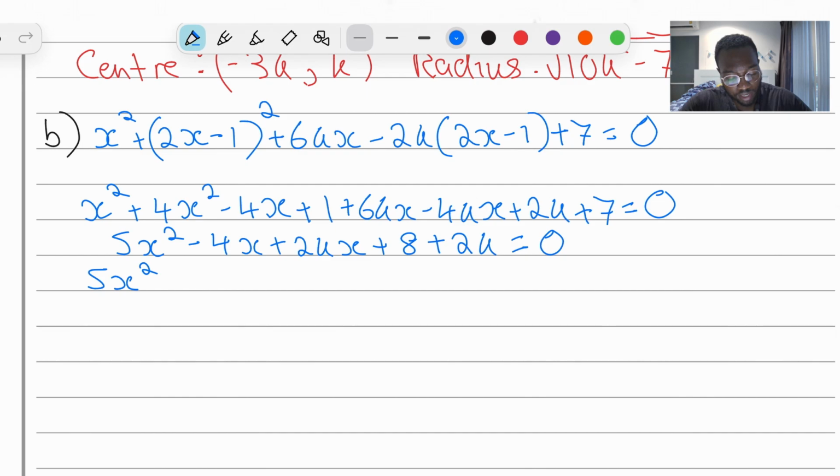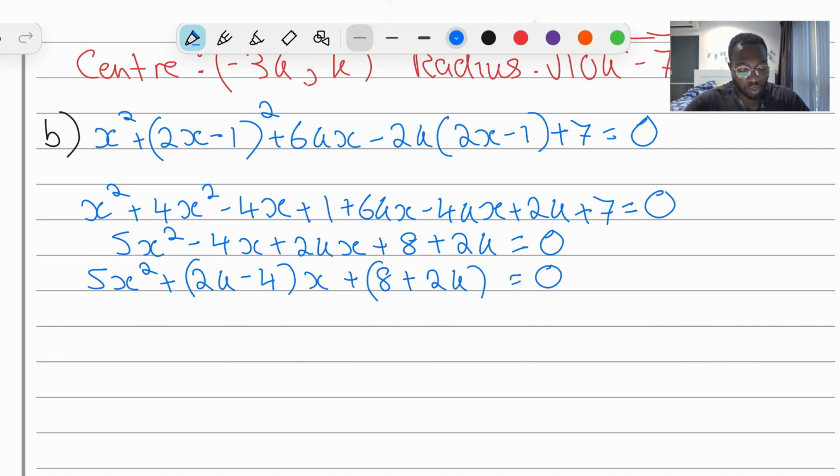We have this 2kx minus a 4x. If I rewrite that, it would be a 2k minus 4, and then in brackets x. And then we just have the 8 plus 2k, which I'll write in brackets as well. As we can clearly see now, we have the x squared coefficient, the x coefficient, and just a constant. We have it in the form of a quadratic equation.